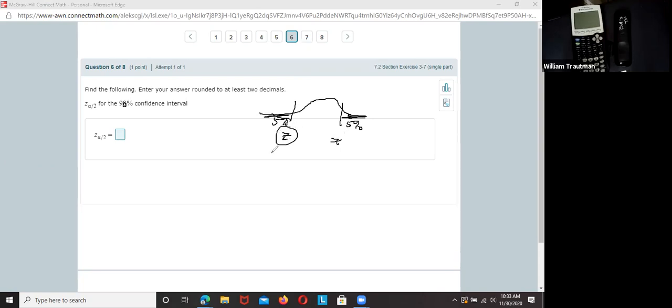When you find this one, it's going to be negative. And when I did it on my calculator, once again, I typed in second vars, number 3.